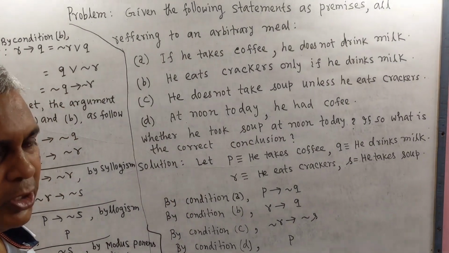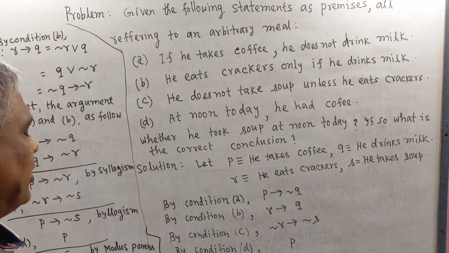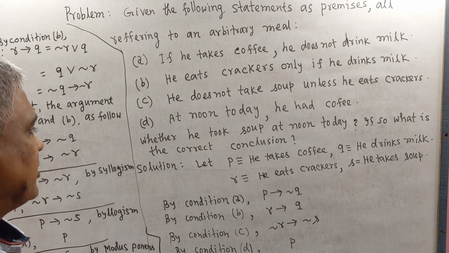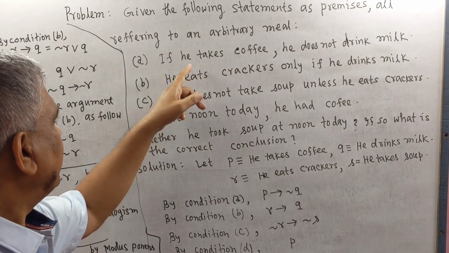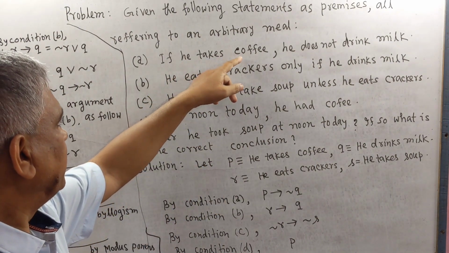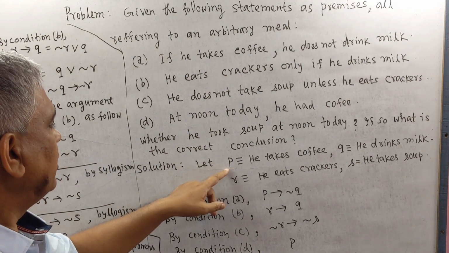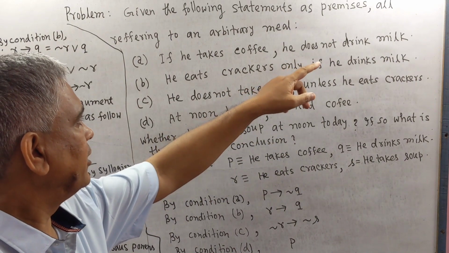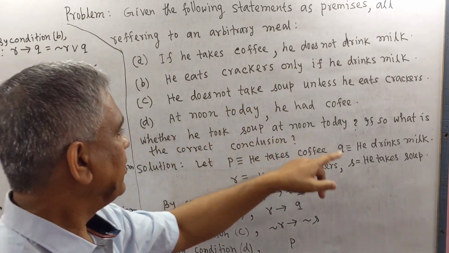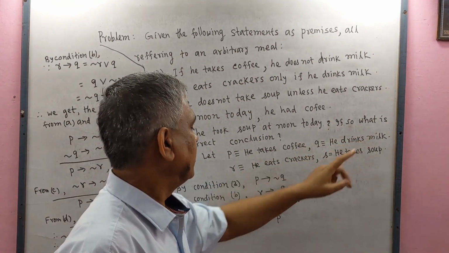Now we will have to solve this problem. First we make premises or simple statements. Now here he takes coffee. P is the statement, he takes coffee. He drinks milk. Q is the statement, he drinks milk.